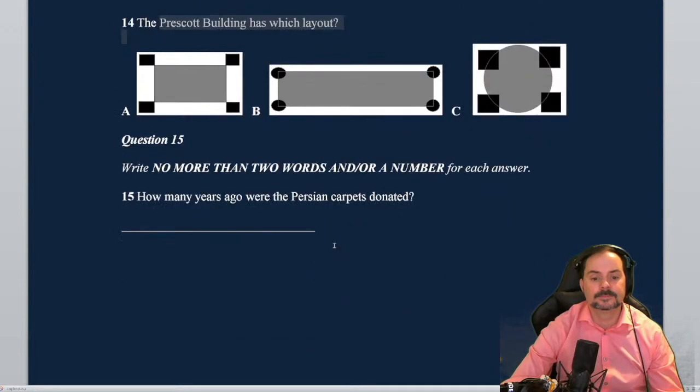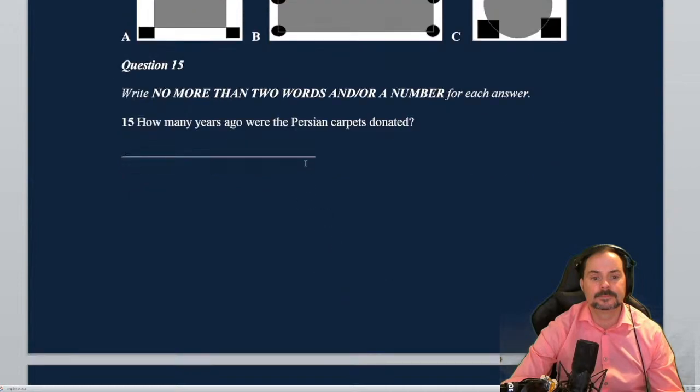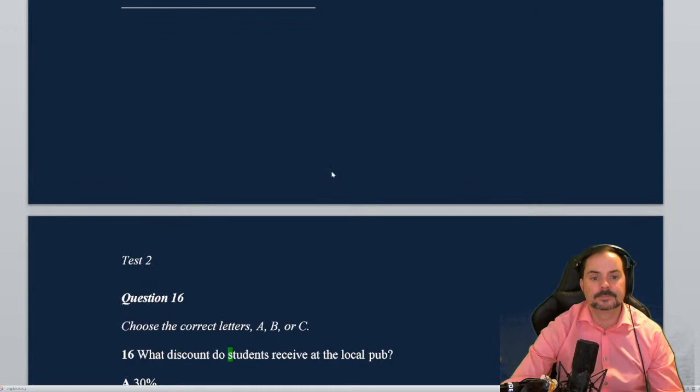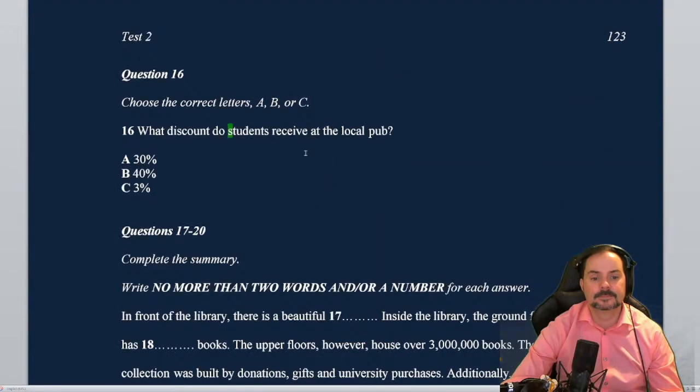As we walk in the door, I'd like to point out all of the beautiful Persian carpets on the floor. These carpets were donated to the university by a former student almost 150 years ago. It is very common for former students who have done well in life to give back to the university. Some give money, some give land, some give gifts such as Persian carpets. One former student even gave the university his pub after he died.